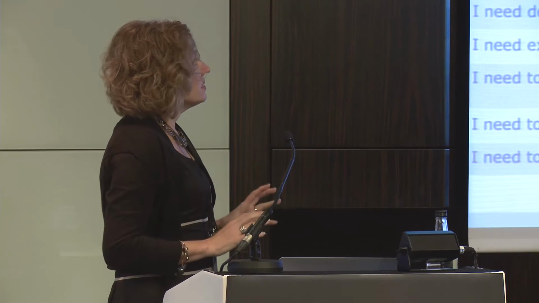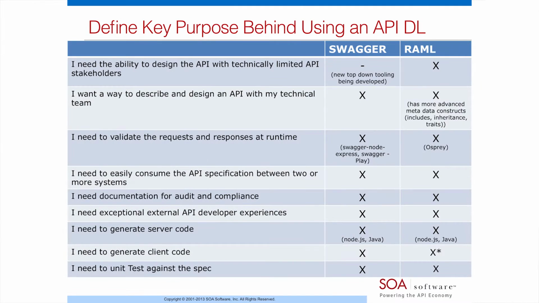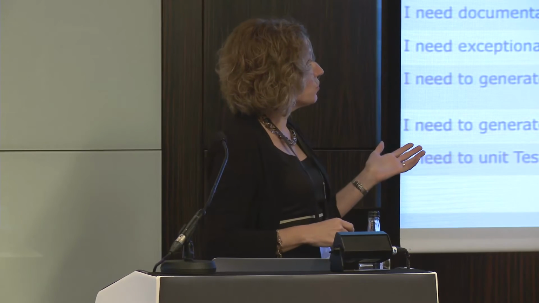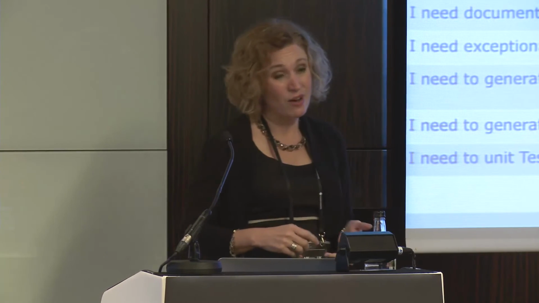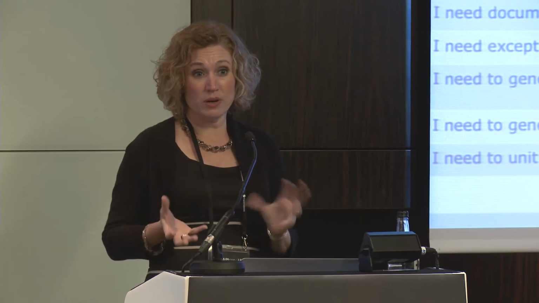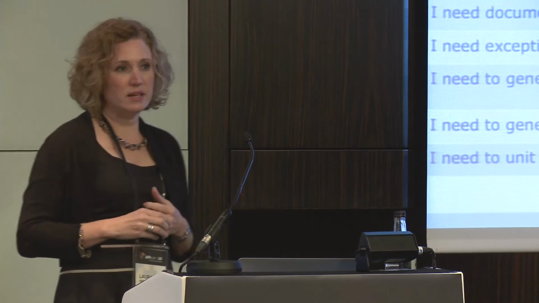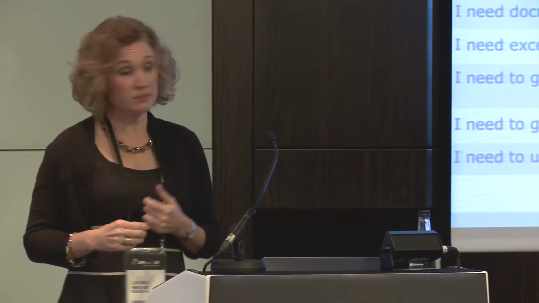And so in this instance, from a top-down English standpoint, I would say RAML is a very good option here. If this is what you need to do, if you need to share with kind of technically savvy but not super technically savvy people, or technically limited people. Swagger, they do have that third-party top-down tooling now that you might want to use, but I think RAML at this point is a better approach.